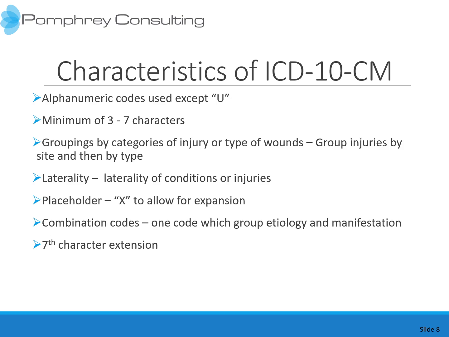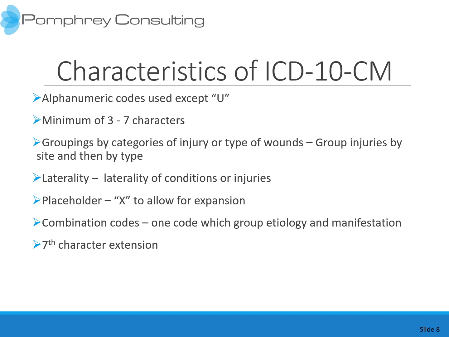Many of the codes that will be used for trauma specifically will be 7 characters. And so it would be very important that all 7 characters are identified to make sure you have identified that diagnosis to the highest level of specificity so that you have the most detail possible.